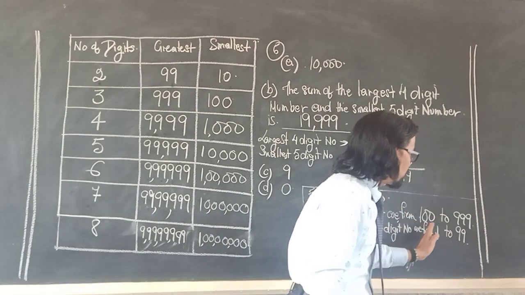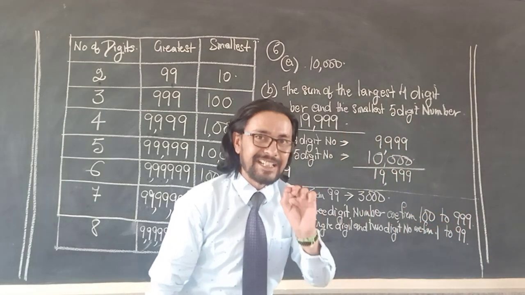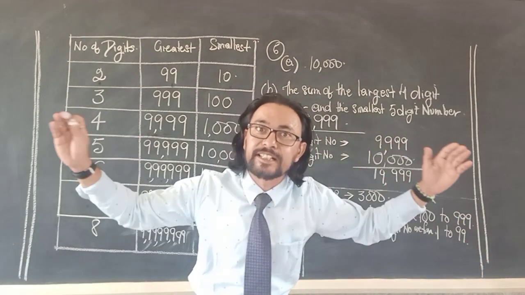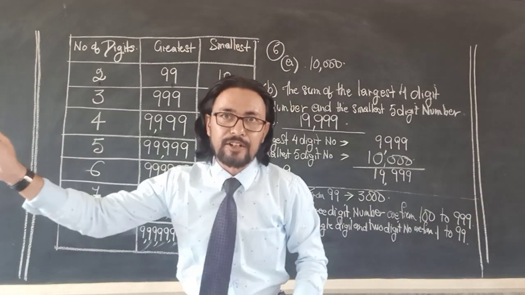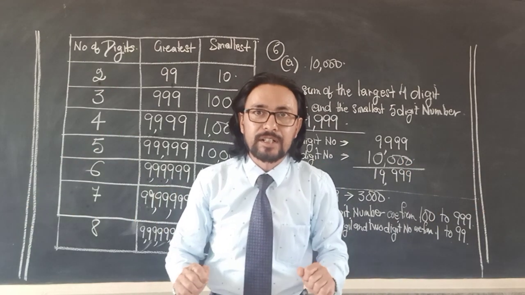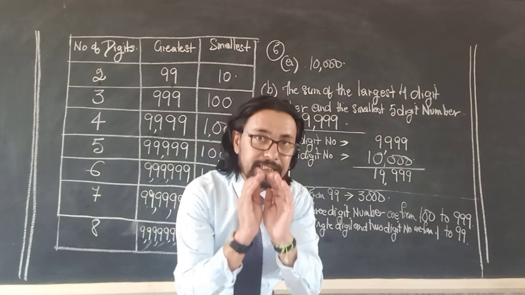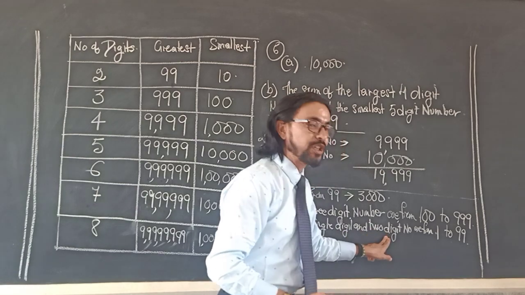But why do I have to count from 100 till 999? I know that all my single and double digits are till 99. So if I start from 1 and go to 999, how many numbers have I counted? 999 numbers. Now from those 999 numbers, I take away all the single-digit numbers and 2-digit numbers.